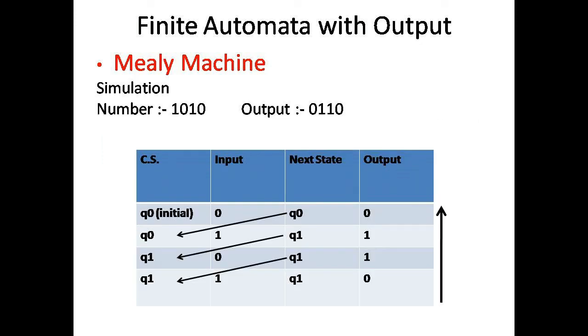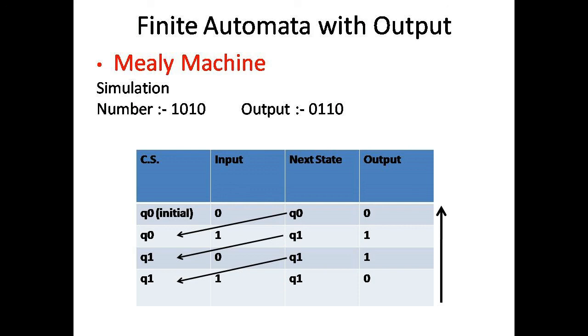Let us simulate the working of this Mealy machine. If the input is 1010, reading from right to left, the output can be obtained by reading bottom to top. As we are taking input in reverse order, right to left, the output will be 0, 1, 1, 0.